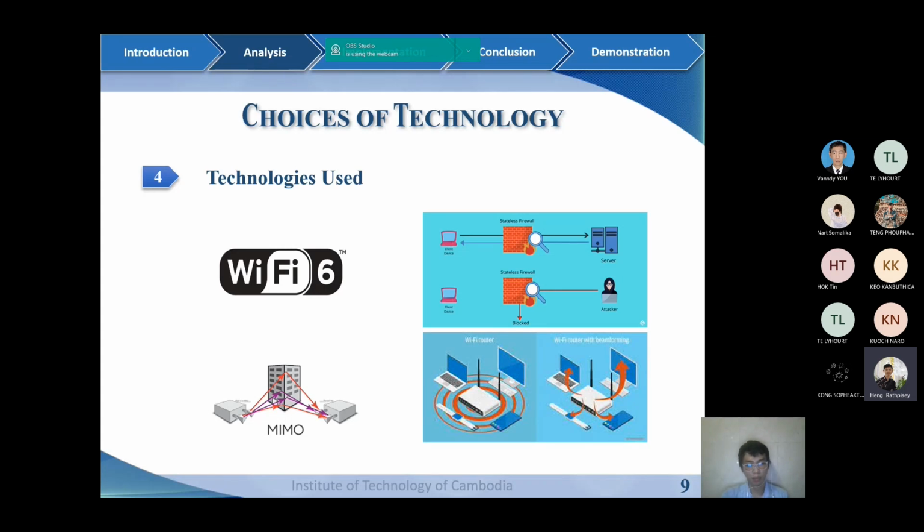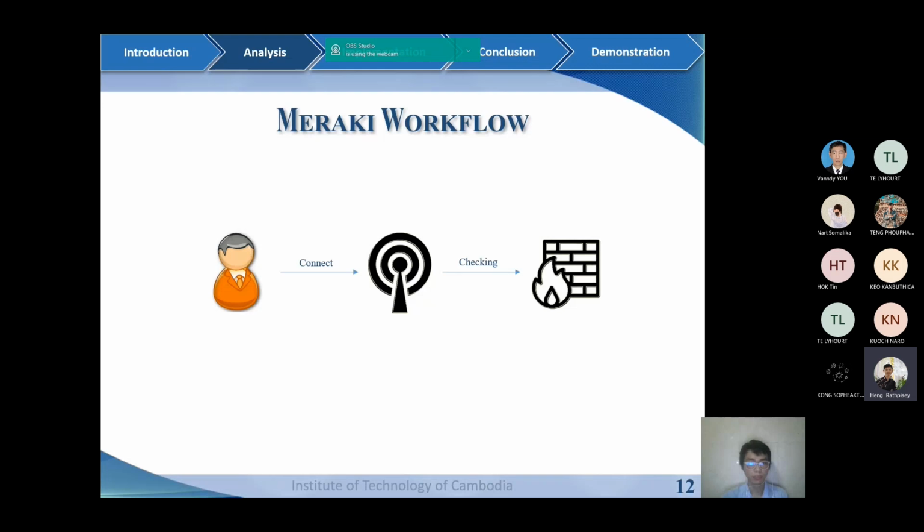MIMO, multiple input and multiple output, can send more data at the same time by using multiple transmitters and receivers. And beamforming allows sending a direct signal to the endpoint device.